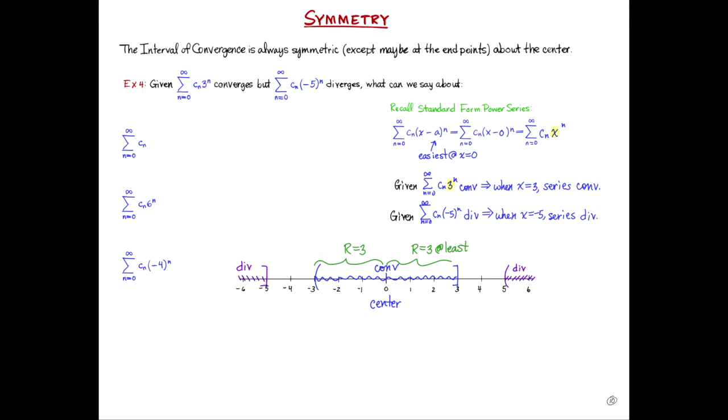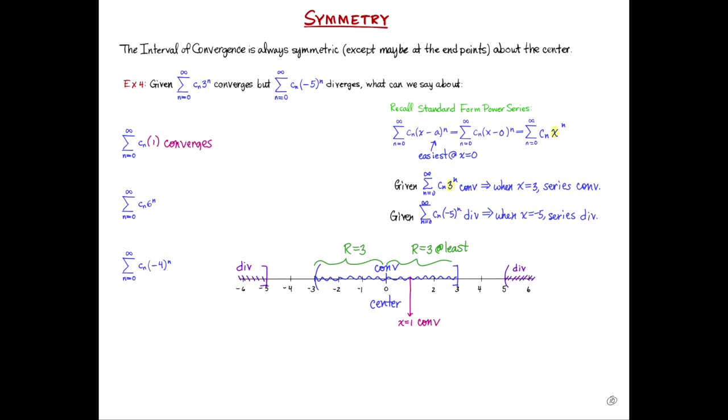In the first series, we only have c sub n. It doesn't look like there's an x value there, but really, this c sub n is multiplied by 1. Going over to our number line, when x is equal to 1, we fall within our radius of convergence, and so we know that our series converges at x equal to 1. Going back to our series, we can say converges.